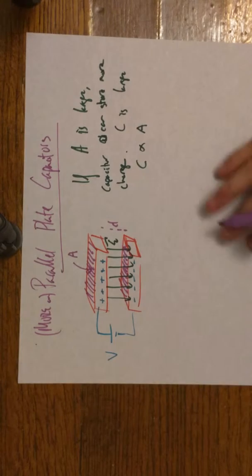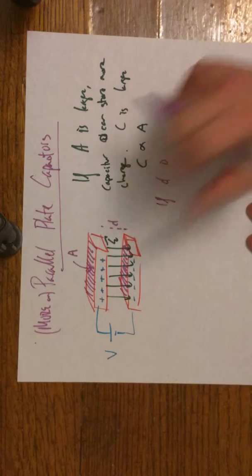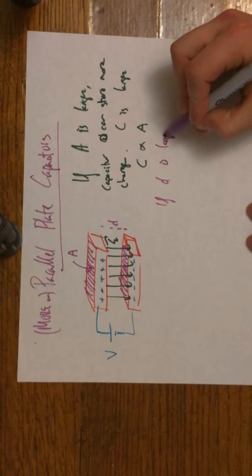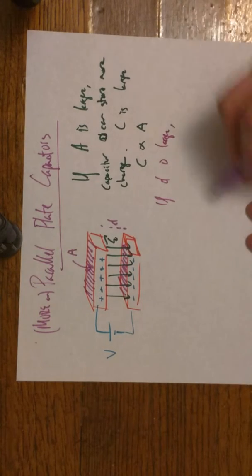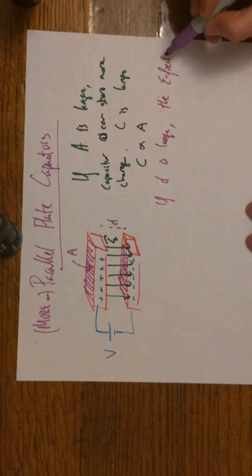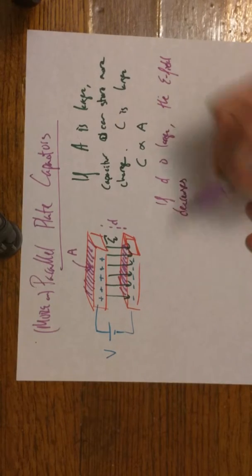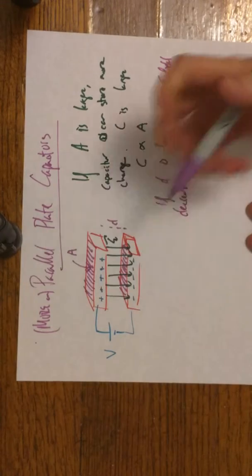What about if I increase this distance? Well, if d is larger, the distance between the parallel plates, then the E field decreases because my charges are getting further and further away.